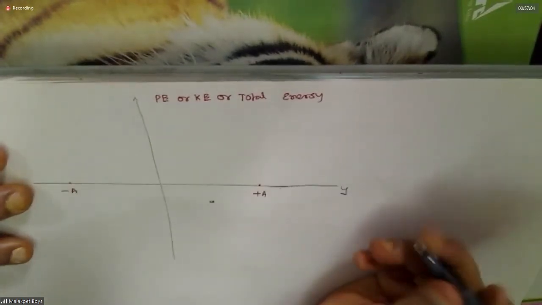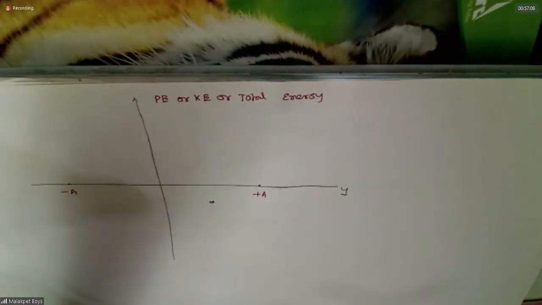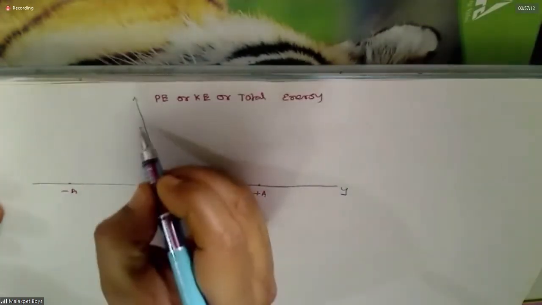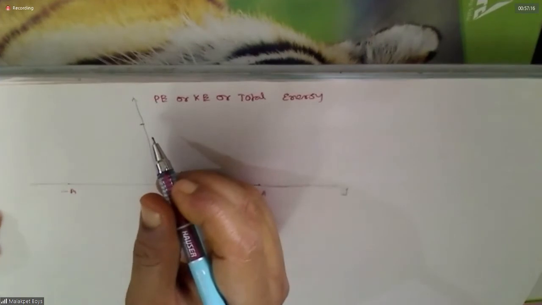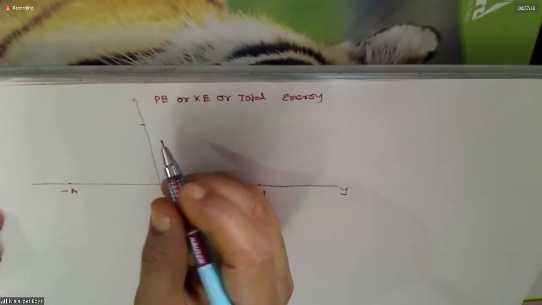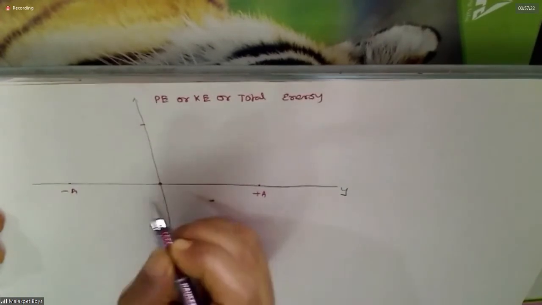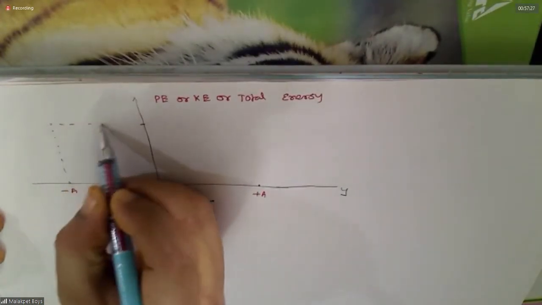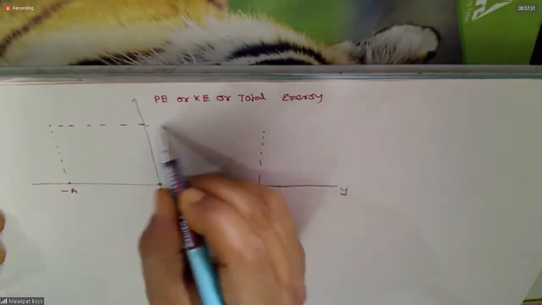Versus displacement. You can see that at y equals 0, what happens? Potential energy is how much? Minimum, 0, sir. Okay. Then what is it at extreme position?